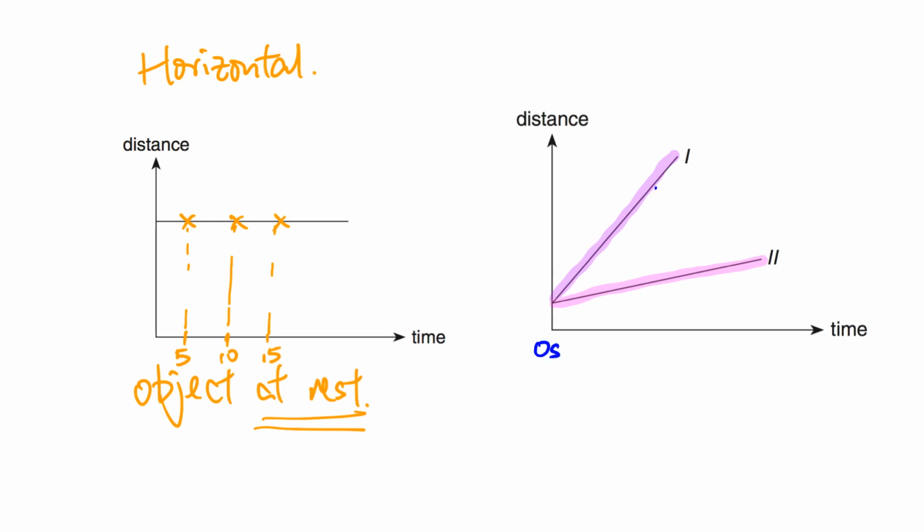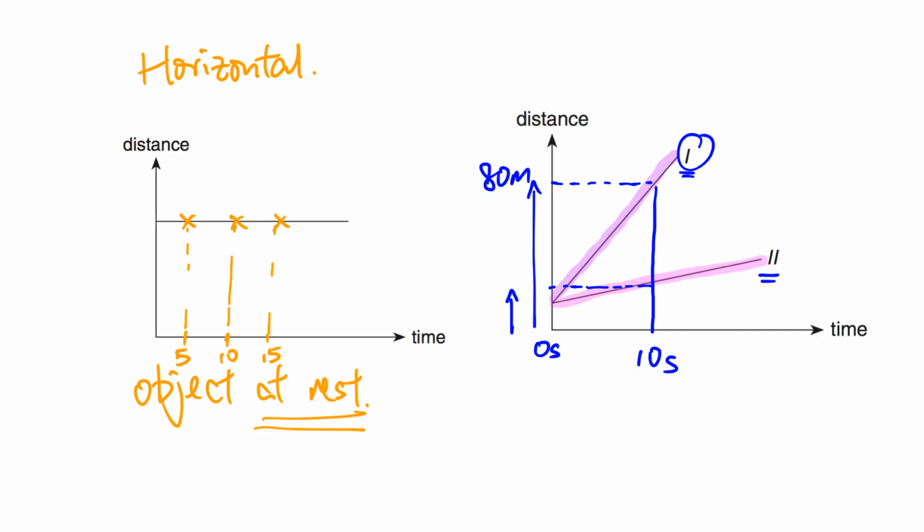After 10 seconds, we can see the distance traveled by number 1 and also the distance traveled by number 2. We find that number 1 will travel a further distance than the second one. Say for example, this one may be 80 meter, or maybe this one only 20 meter.